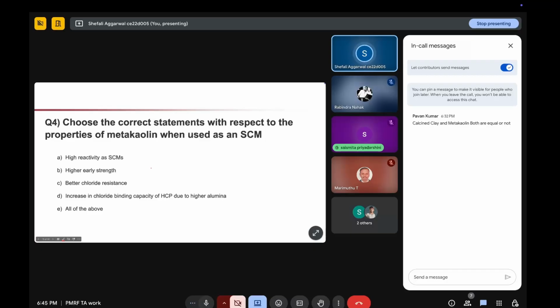Choose the correct statement with respect to the properties of metakaolin when used as an SCM. High reactivity as SCM, higher early strength, better chloride resistance, increased chloride binding capacity of HCP due to higher alumina, or all of the above.